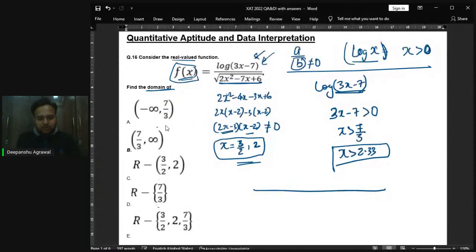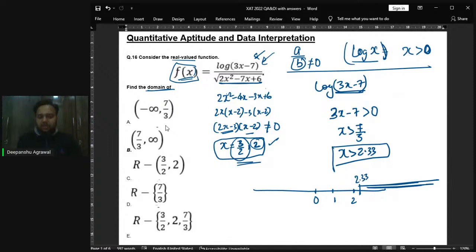Now, where is 2.33 on the number line? Suppose this is 0, this is 1, this is 2. So 2.33 would be somewhere around this. So the numerator says that only this region can be the domain of this function. Correct? And the denominator says that the value of x cannot be equal to 2 or 1.5.